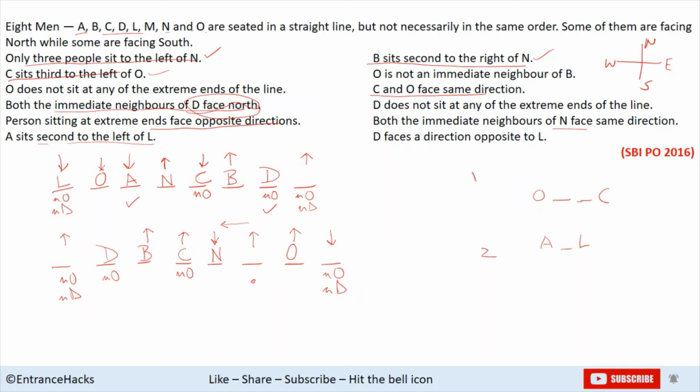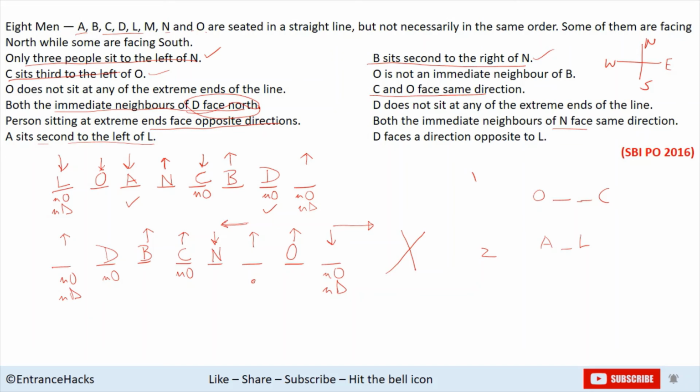Since the left of this position is this, L cannot come here. However, in this position, the left of this is going this way. So A and L cannot be placed anywhere in option 2, right? So that means option 2 is the wrong option and we can cut it.